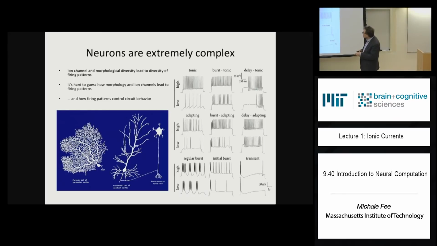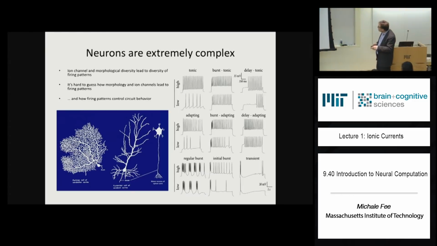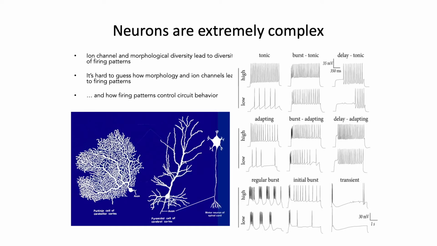Because now a neuron can have inputs out here at the end of the dendrite or up close to the soma, right? And the spatial structure also affects how a neuron responds. And those produce very different firing patterns. So some neurons, if you put in a constant current, they just fire regularly.